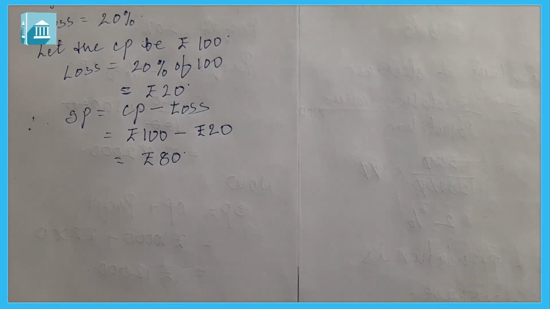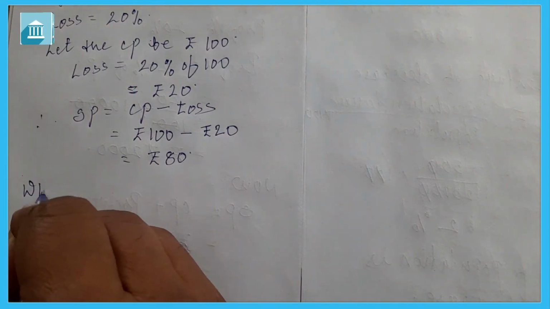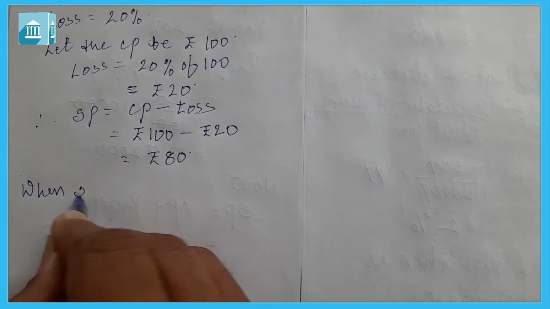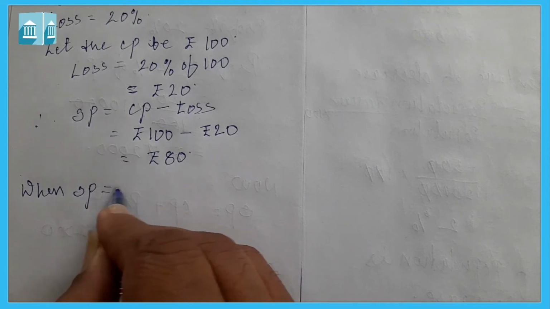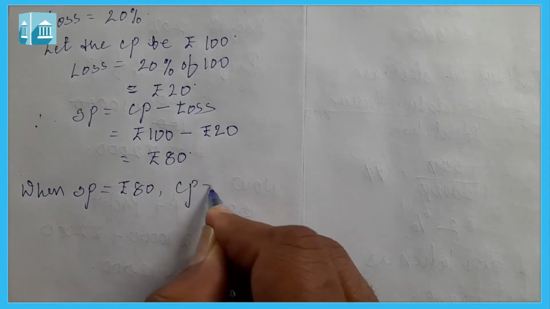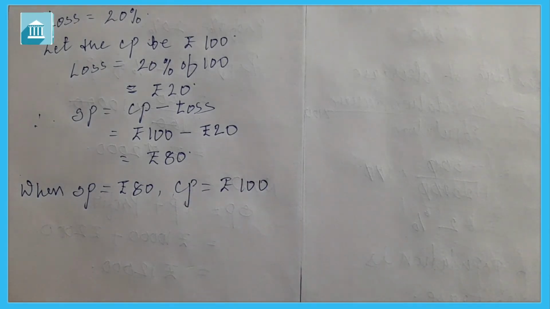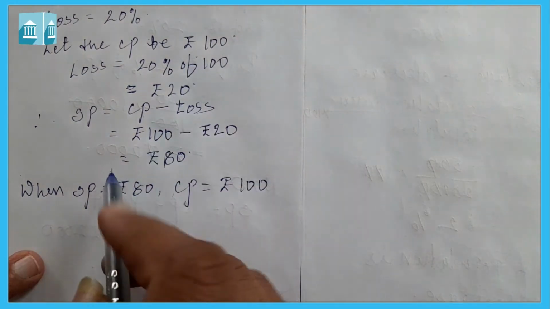So we can say that when SP is equal to rupees 80, CP is equal to rupees 100. When SP is 80 rupees, CP is rupees 100.